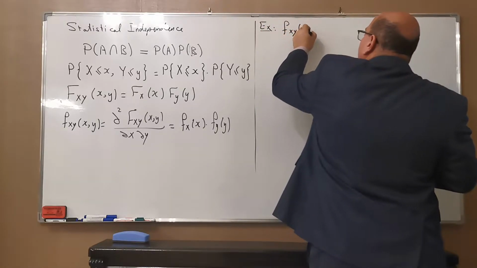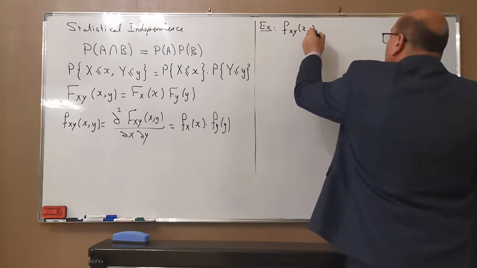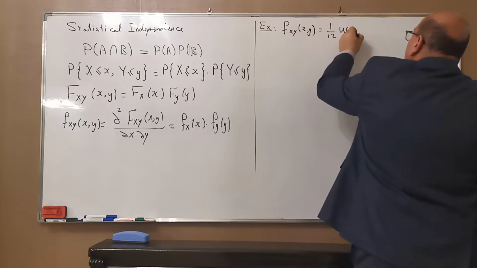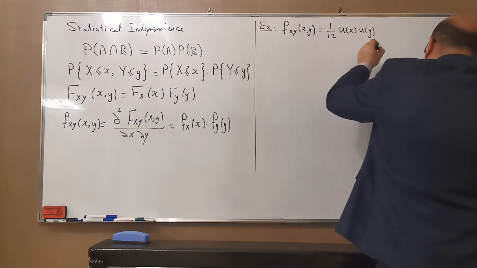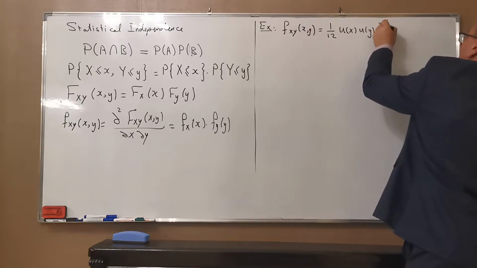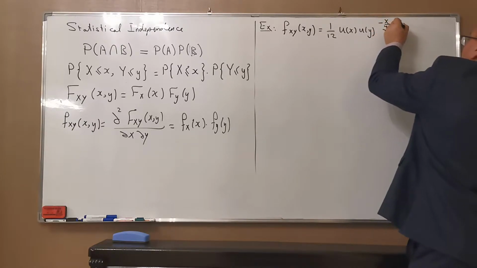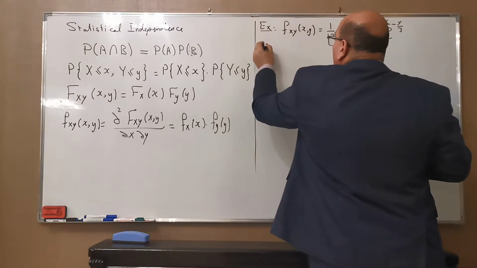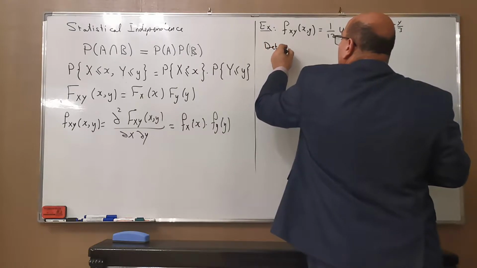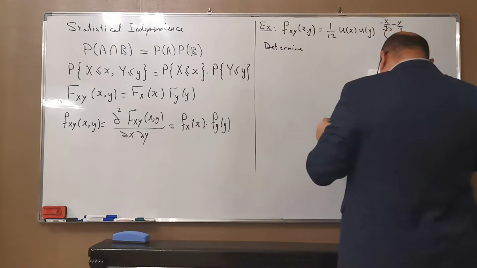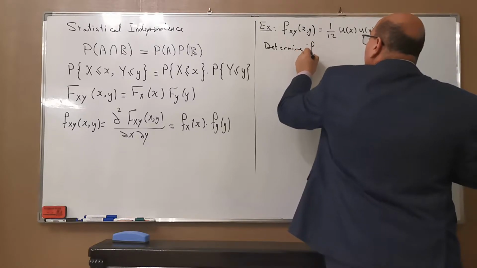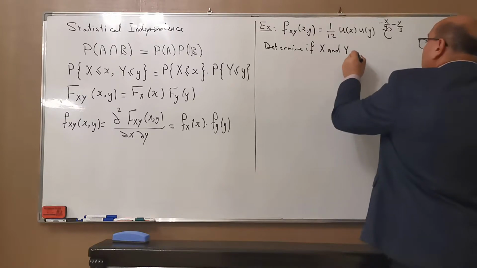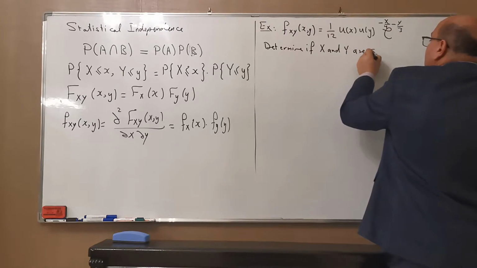We have an example here. fxy of x and y equals 1 over 12 u of x u of y e to the minus x over 4 minus y over 3, and we would like to determine if x and y are statistically independent.